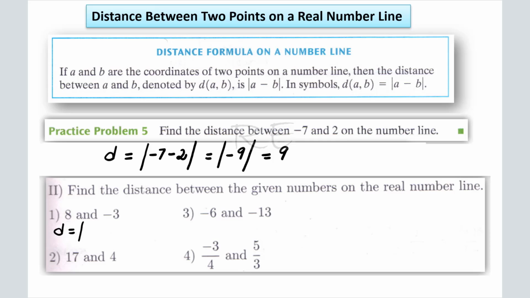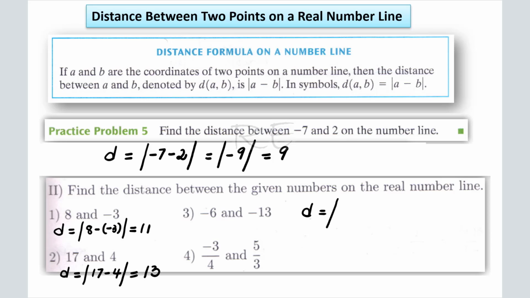Between 8 and -3, the distance is the absolute value of 8 minus -3, which is the absolute value of 11, which is 11. Between 17 and 4, it'll be the absolute value of 17 minus 4, which is 13.